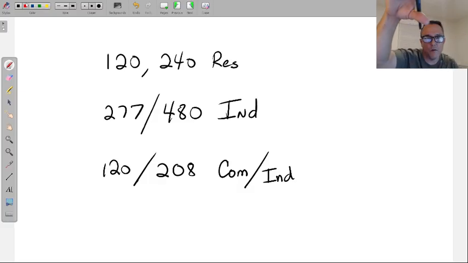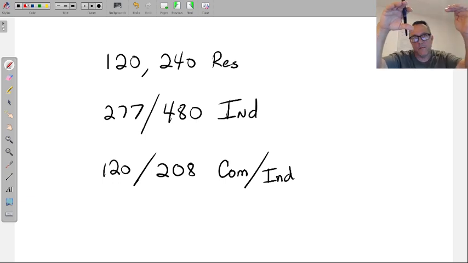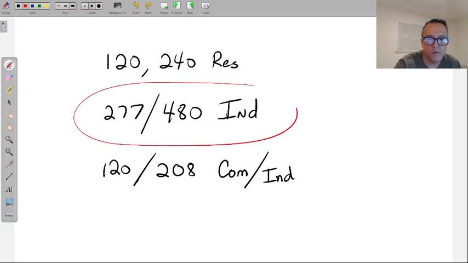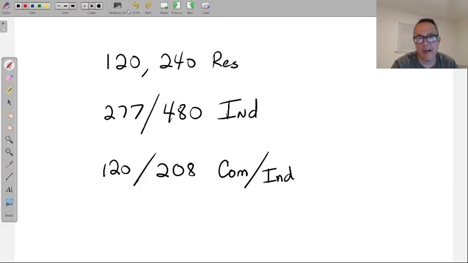So if I give this motor 480, then the amperage that the motor generates is going to be lower than if I were to energize this motor at 208. The motor is fine with either voltage that you give it. The panel that this motor is being fed from would be happier if the amperage were less, because now I can put more motors per panel. So this is why industrial locations like a high voltage coming into it.